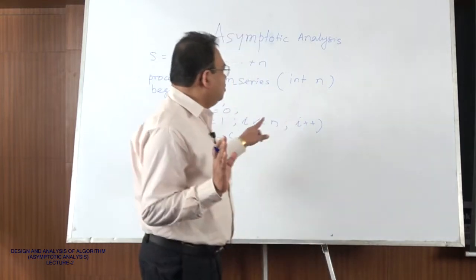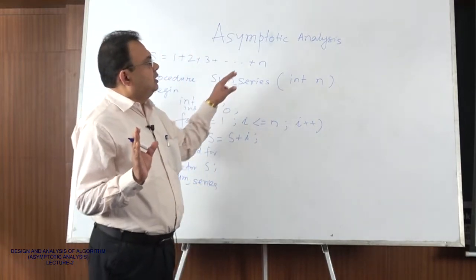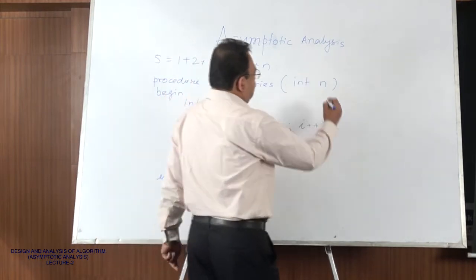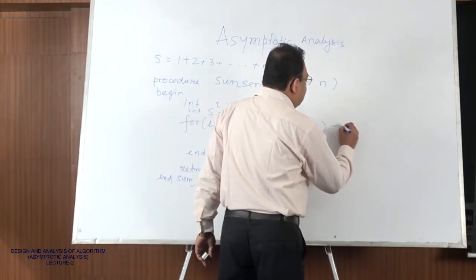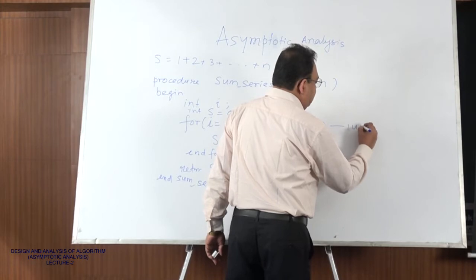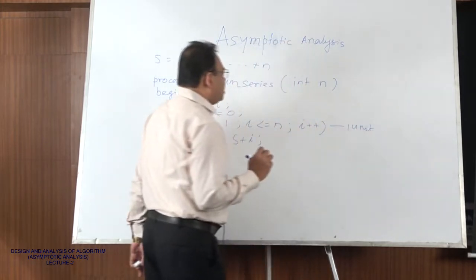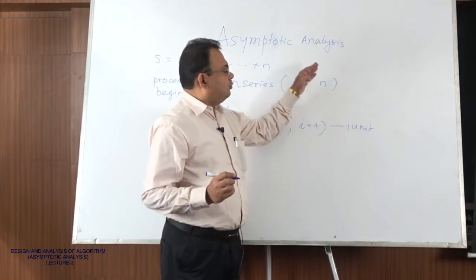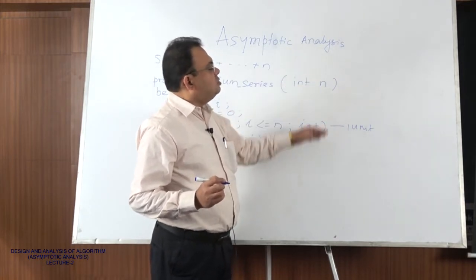That unit is unitless; 1 unit means 1 count. We are not considering the absolute value of this unit. We need to find how many counts are required.